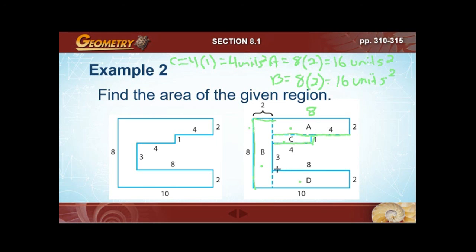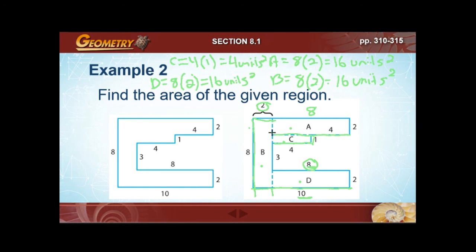And D is, now notice there's a number here, there's 10 and there's 8 up here. 10 refers to this whole length here, but this part is not included in D. And we know from the top that that is 2. That means that this is 8. So 8 and 2. So once again, we have another 8 and 2. D is equal to 8 times 2, which is equal to 16 units squared.